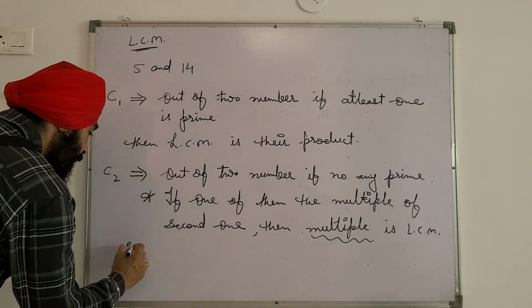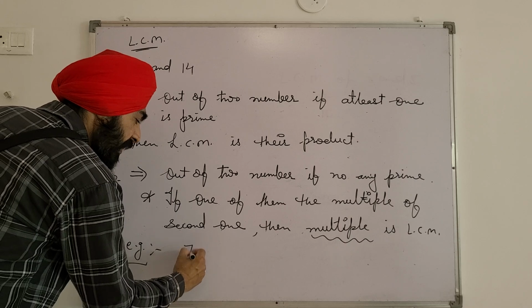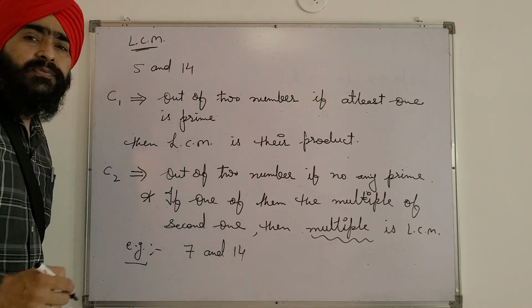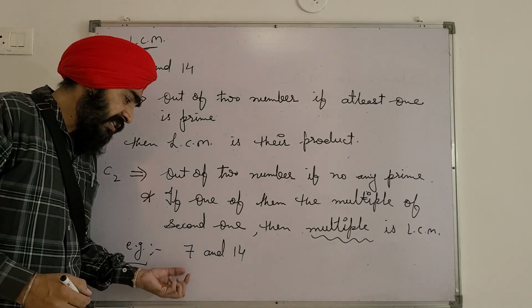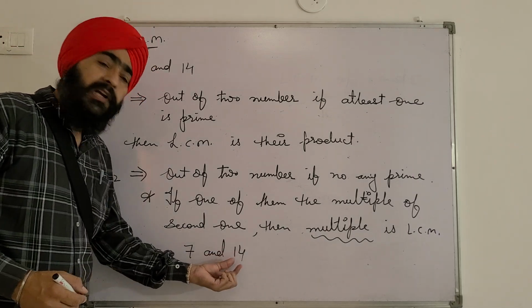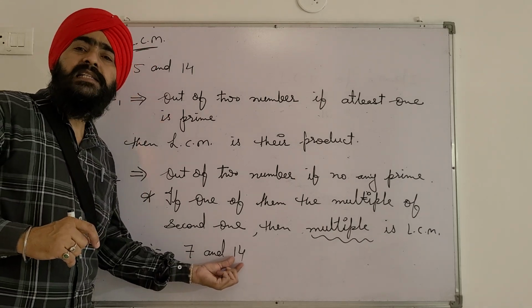For example, if we have two numbers, 7 and 14, you can easily see that 14 is a multiple of 7 because it comes as the second number in 7's table. So that's why 14 is a multiple of 7.